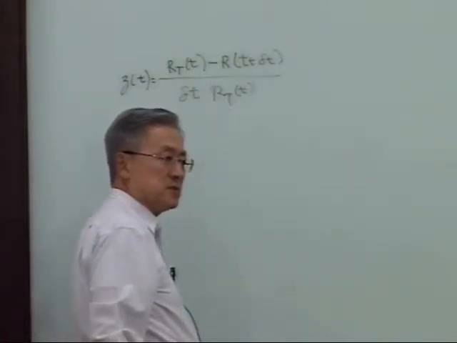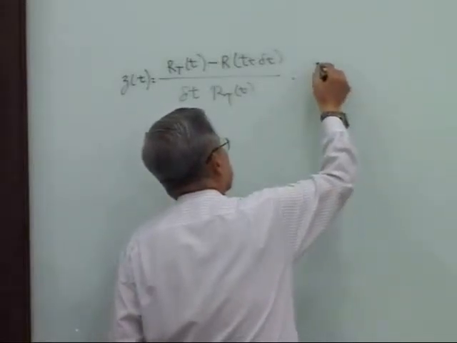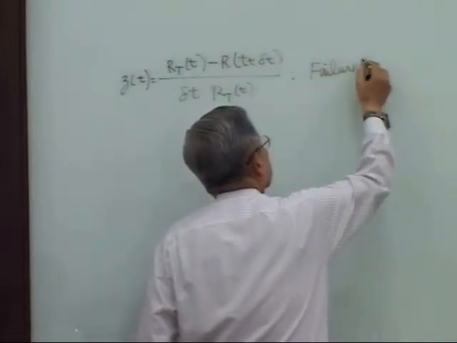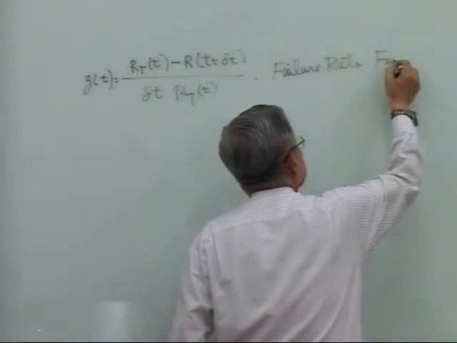Okay. So it's called, as I indicated there, the failure rate function.